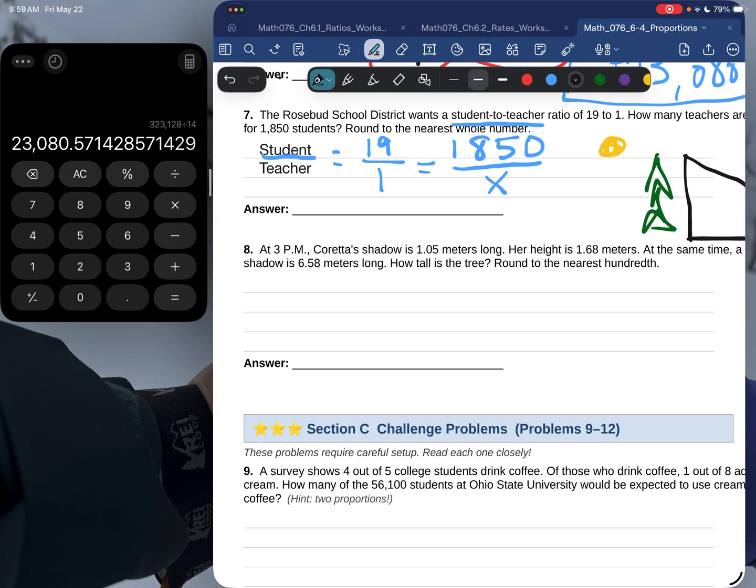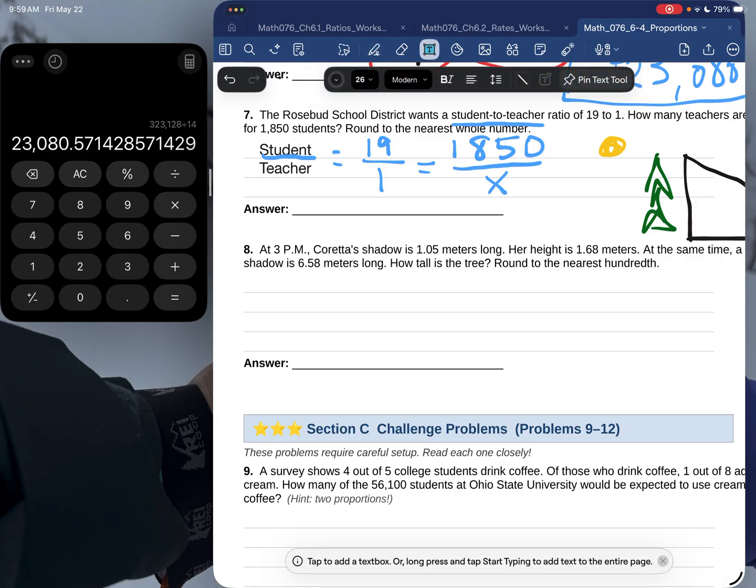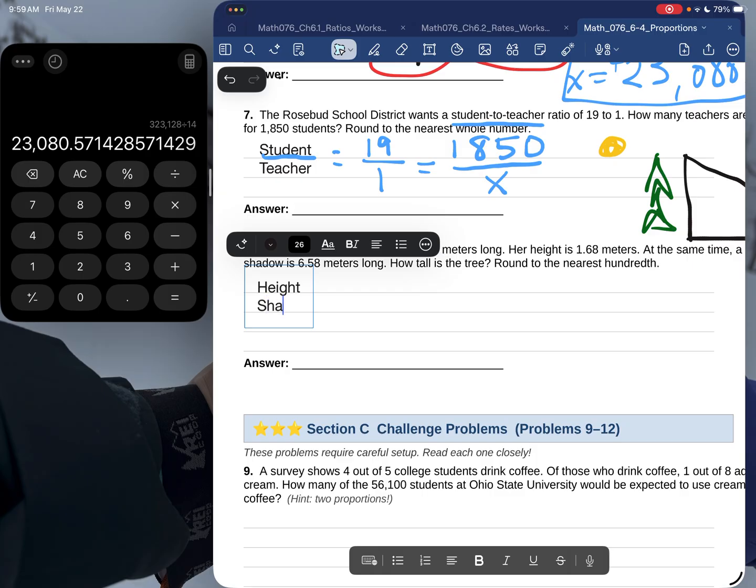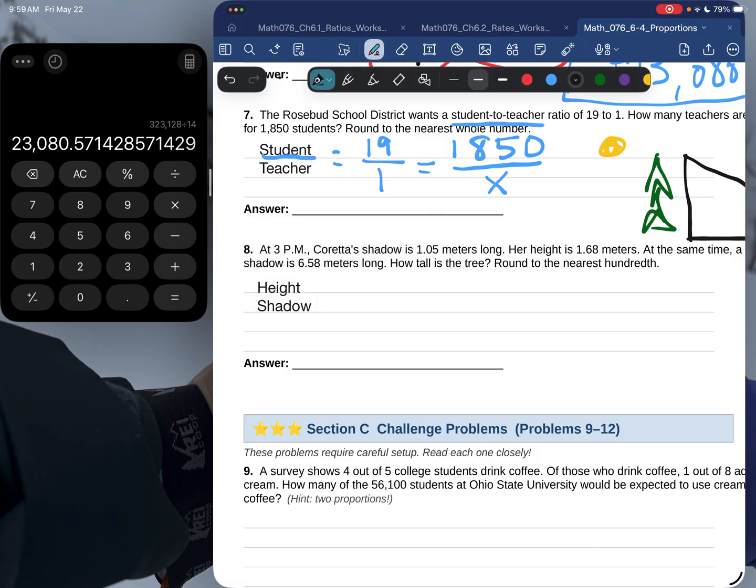So I've got height and I've got shadow. So I'm going to make one the numerator and one the denominator. Again, it doesn't matter which is which as long as it's the same. I'm going to do height and then shadow. Coretta's shadow is 1.5. And I make sure on each side of the equation, Coretta's shadow matches with Coretta's height.